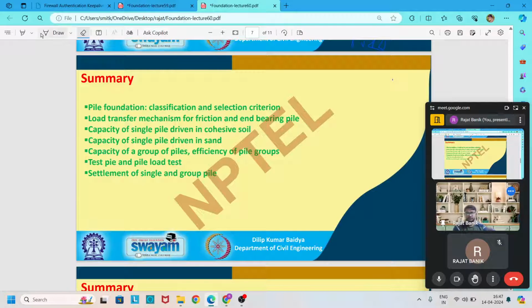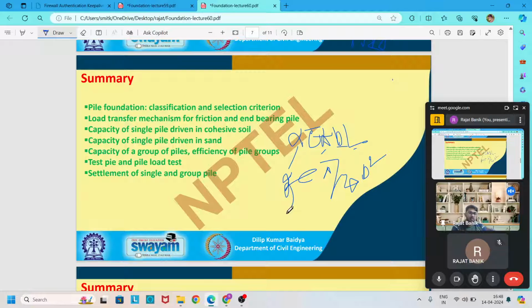For cohesive soil, the friction capacity of the pile is alpha C bar pi d L. C bar is the average cohesion along the soil, alpha is the adhesion factor, d is the diameter of the pile, L is the length of the pile, and for cohesive soil, the bearing capacity is 9C times pi by 4 d square.